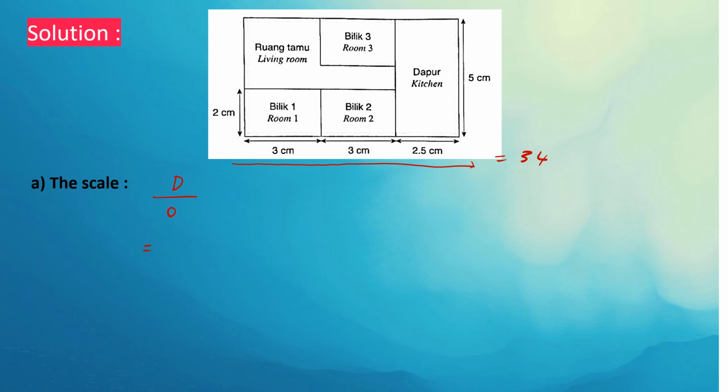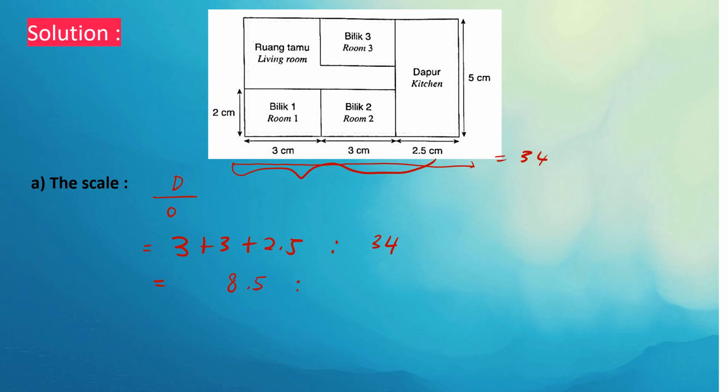So we have 3 cm plus 3 cm plus 2.5 cm. So here, the length on the drawings is proportional to the original length, 34. So 3 plus 3 is 6, 6 plus 2.5 is 8.5.